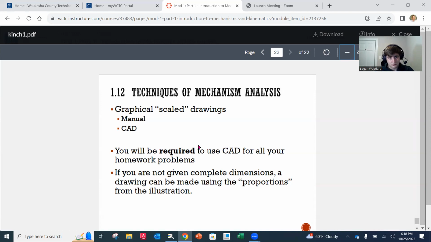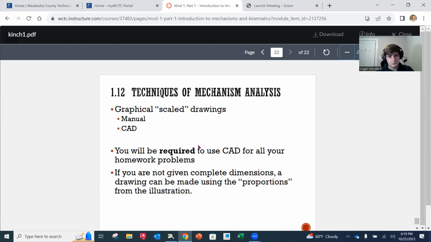So in kinematics, I tend to teach this more in a graphical sense. We're going to be on the side of more drawing things as opposed to doing the analytic calculating of the math. You'll notice that as you page through this chapter, there are graphical solutions, but then there's also a section of analytical or math solutions. We're probably going to skip over most of the math because the drawings are there as well.